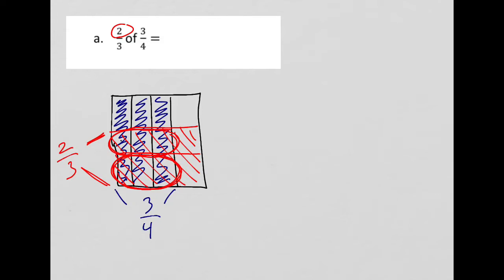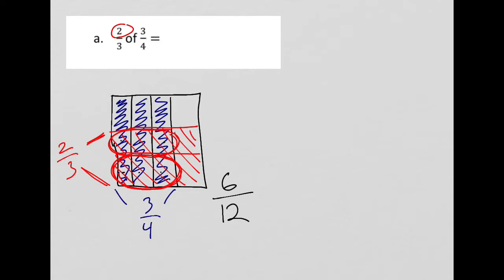So I have 1, 2, 3, 4, 5, 6. So I have 6 pieces out of a total of 7, 8, 9, 10, 11, 12. So I just marked up 6 out of 12 pieces of brownies. So I'm saying that 2/3 of 3/4 is equal to 6/12.